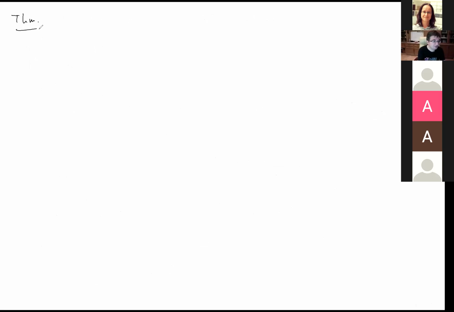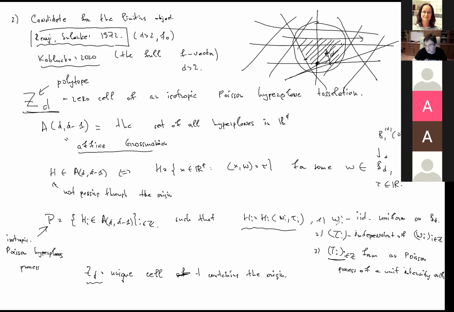So this is my theorem. If you multiply Xn by n, so you scale this small set by multiplying by n, this converges in Hausdorff distance to a zero cell of a Poisson hyperplane tessellation, but not isotropic, with this distribution of omega, of W1, being some distribution.